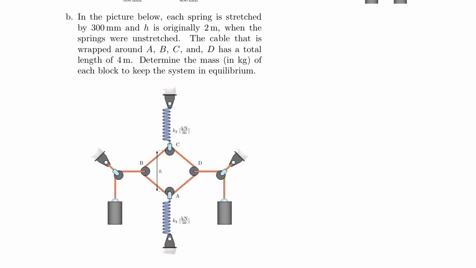And the problem is really for you to determine the mass in kilograms of each block to keep this system in equilibrium, under the assumption that each spring is currently stretched 300 millimeters. And keep in mind that here you read millimeters and here meters, just like before. You, of course, have to make that unit pure.